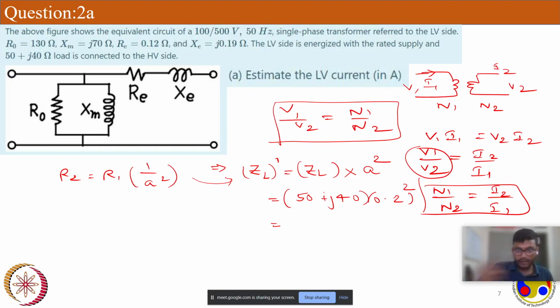Can anyone tell me? Okay, I will write here the answer I got. ZL. Right, Smith. We got it right. Correct, Siddhant. Nice. So I hope everyone's getting the same answers. Okay. Now let's draw the entire circuit.